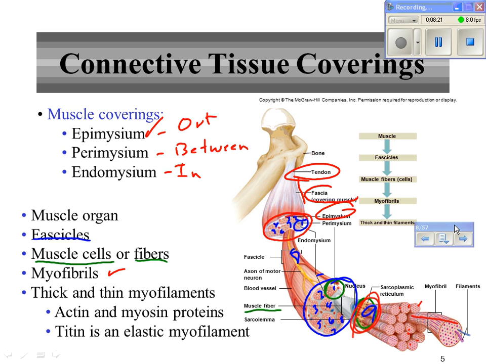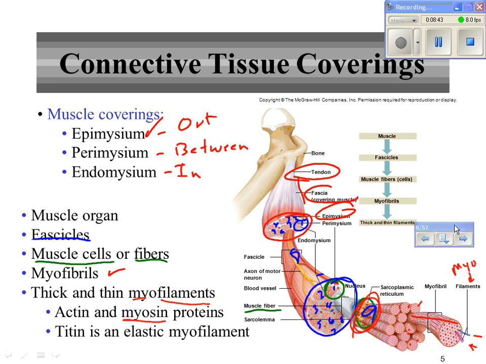Those myofibrils in turn are made of two even smaller strands or bands, sometimes called myofilaments. Myofilaments, myo meaning muscle, filament meaning just a thin strand. One is thick and one is thin. We have actin and myosin.